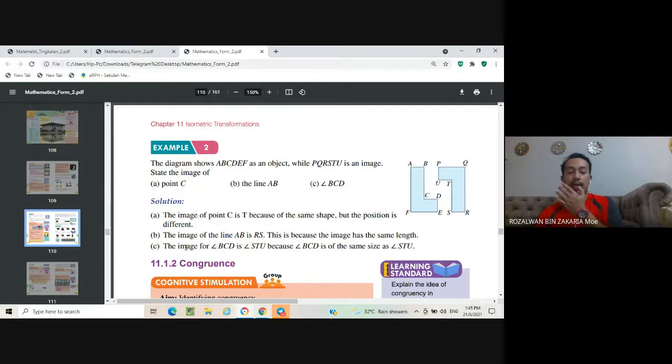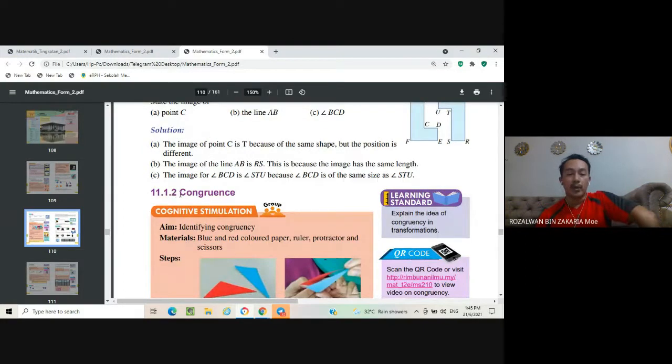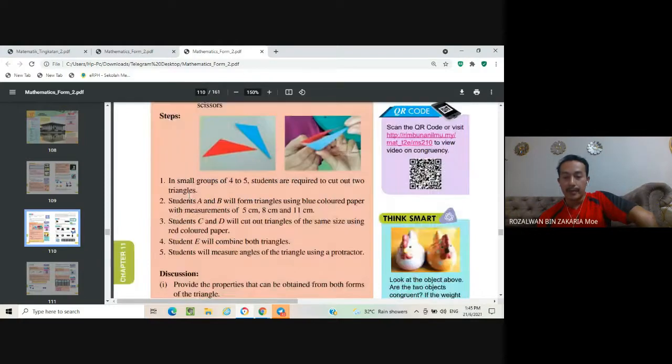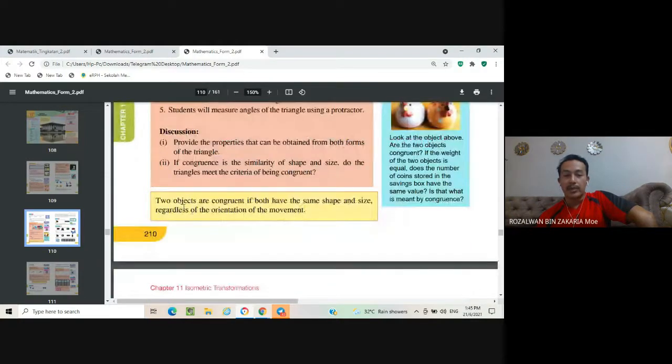All right, next one. Look at this one. The term congruent. What is meant by congruent? Two objects are congruent if both have the same shape and size, regardless of the orientation or the movement. So congruent means the two objects have the same shape and size.